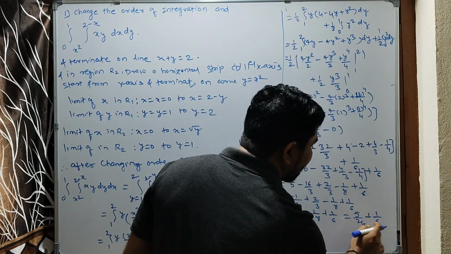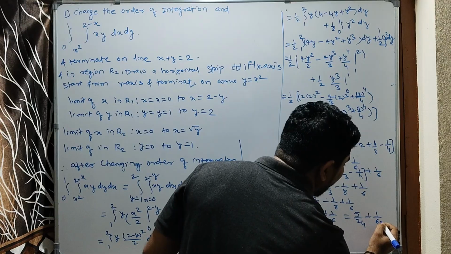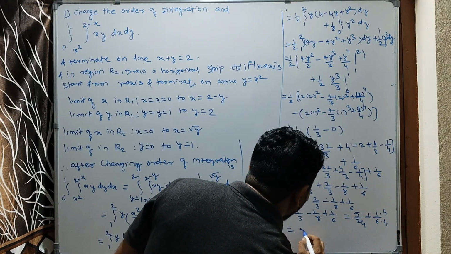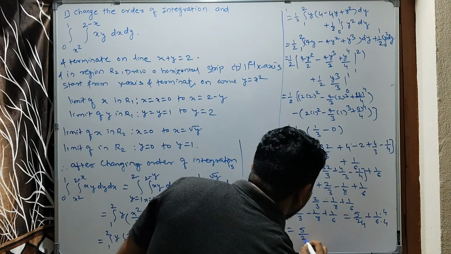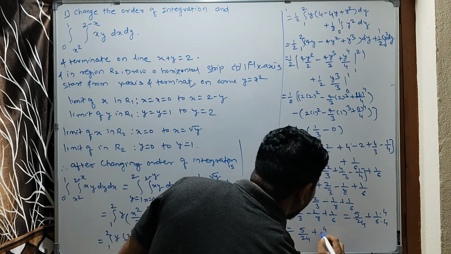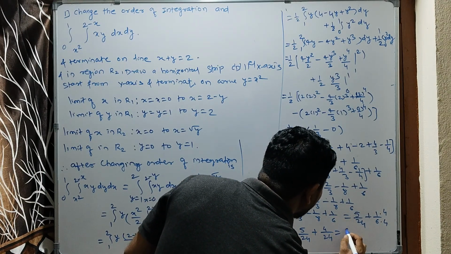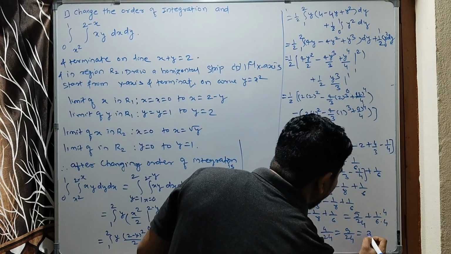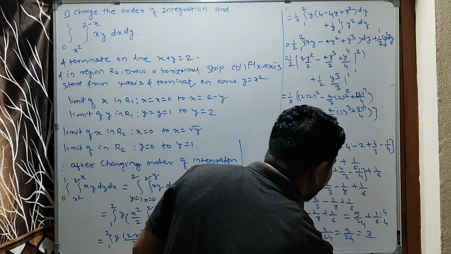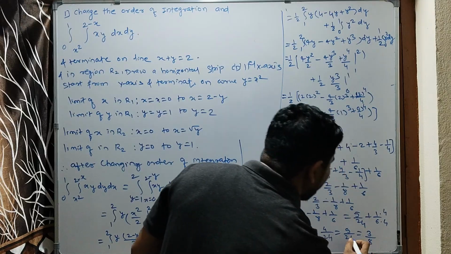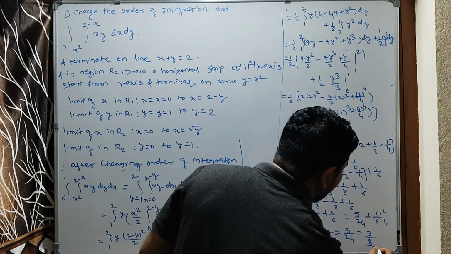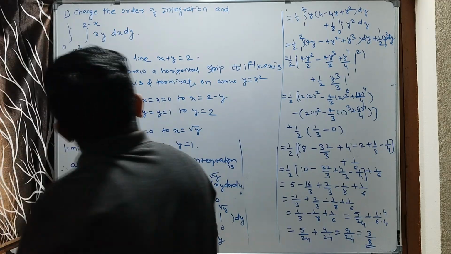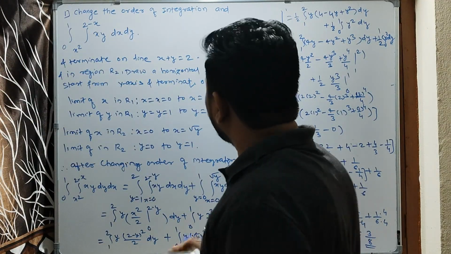I want to make the denominator 24, so multiply and divide by 4, which is equal to 5 by 24 plus 4 by 24, which is equal to 9 by 24. 3 3s are 9, 3 8s are 24. So this is the answer, 3 by 8. In the first question, this is the final answer.